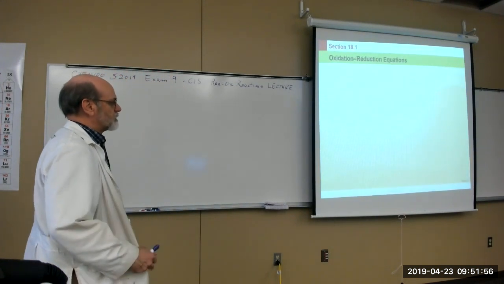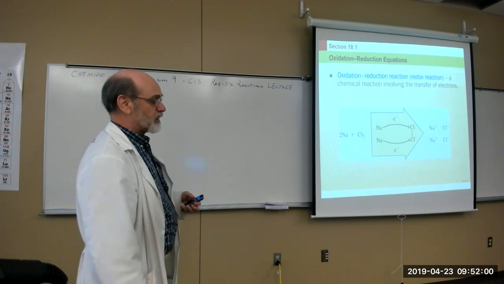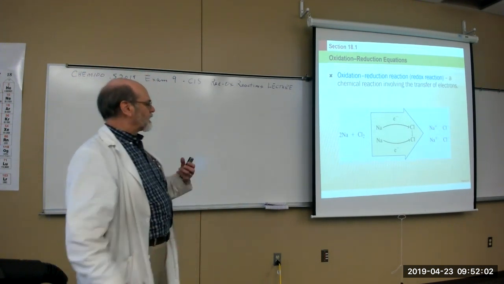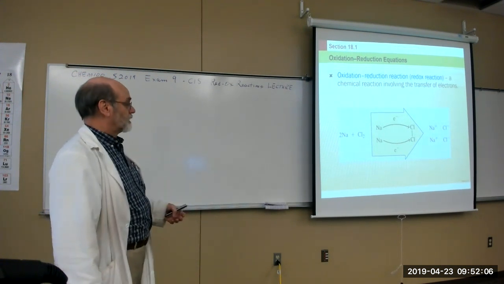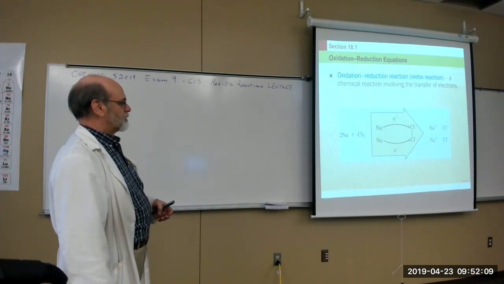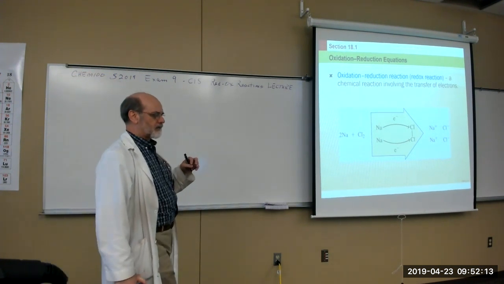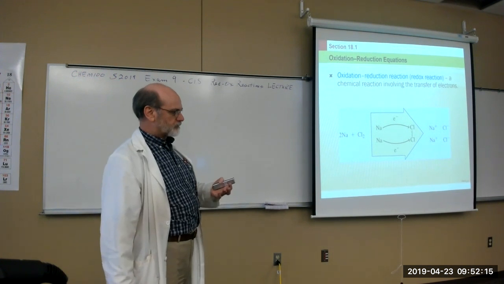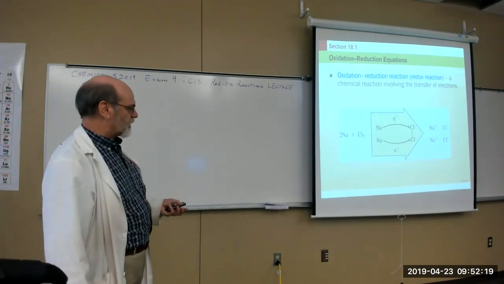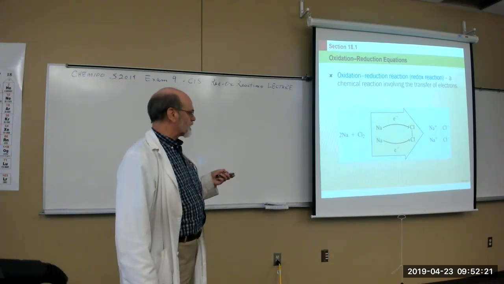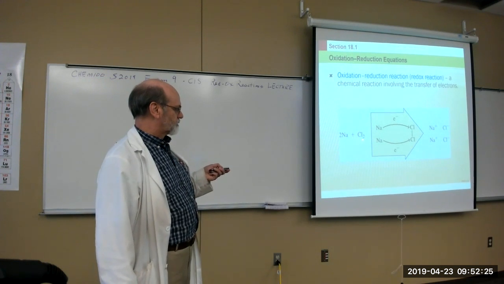And the first thing we should do is define our terms. What is an oxidation reduction reaction? And we say redox reaction just because it flows better. But these types of reactions are those that involve the transfer of electrons. This is a prime example, where we take sodium metal and react it with chlorine gas.